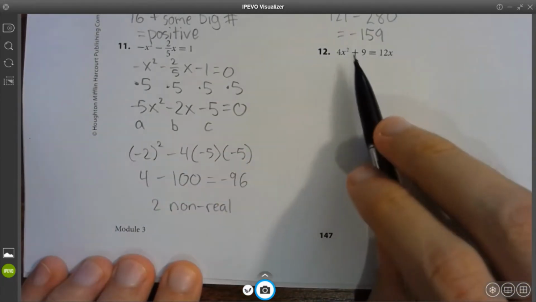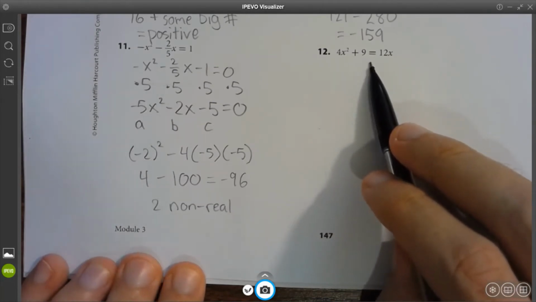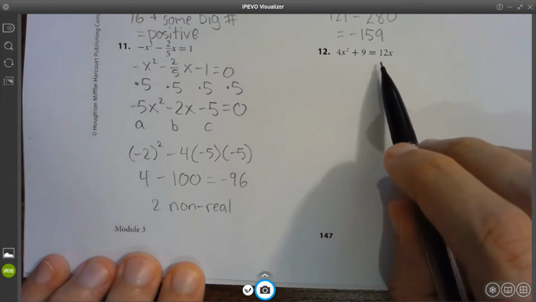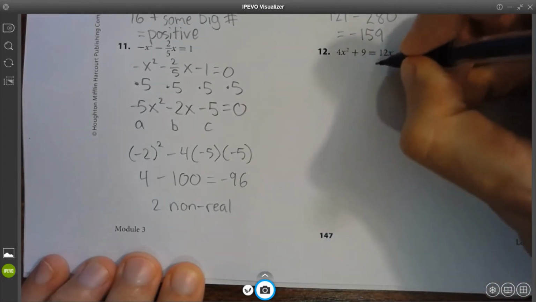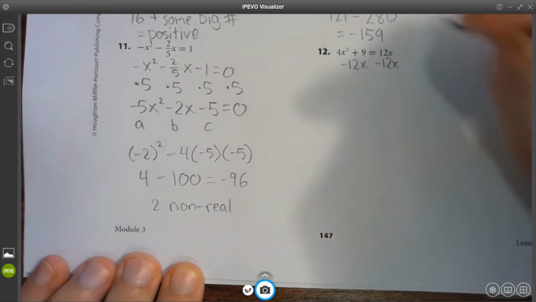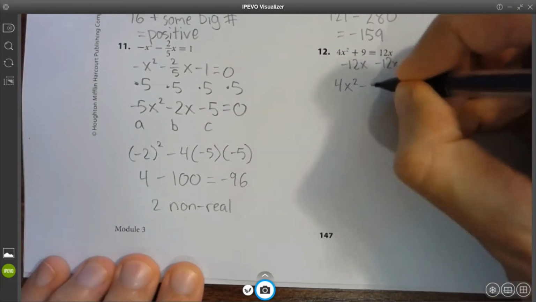Easy. All right, next. Again, it doesn't look how it's supposed to look, so try number 12. This is the first step I am going to do. Subtract 12x from both sides, make it look the way it's supposed to look, and there we go.